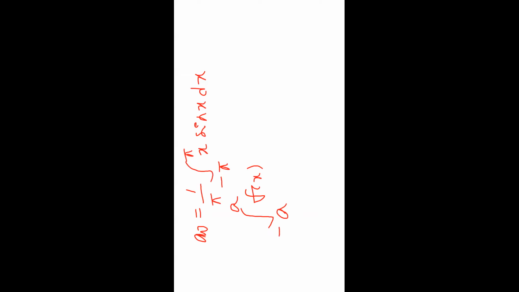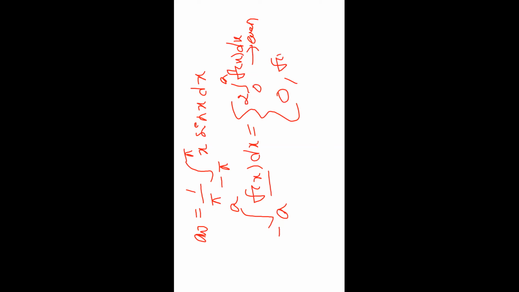When the lower limit and the upper limit have the same value a, starting from negative to positive, like minus a to a, we write 2 into the integral from 0 to a of f of x dx. This is the situation when f of x is even. Suppose f of x is odd, then automatically it is 0.